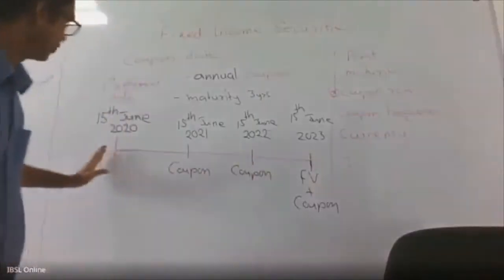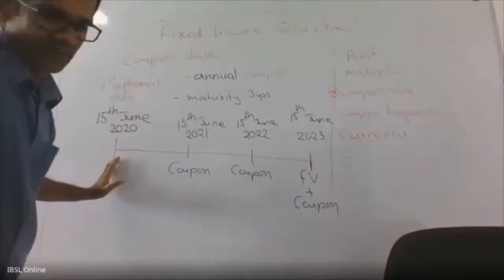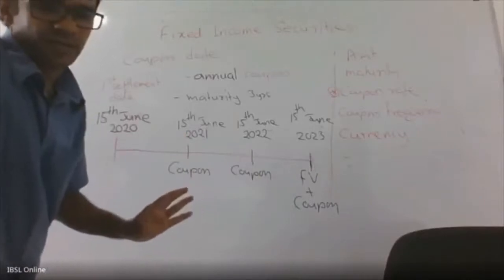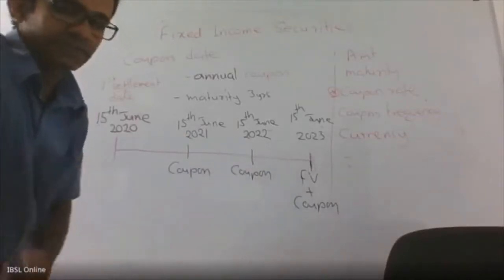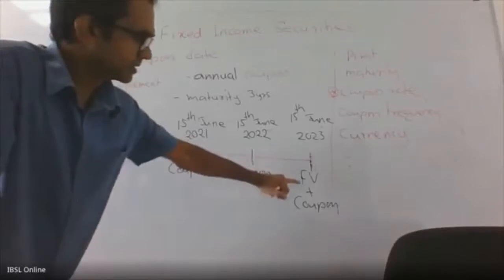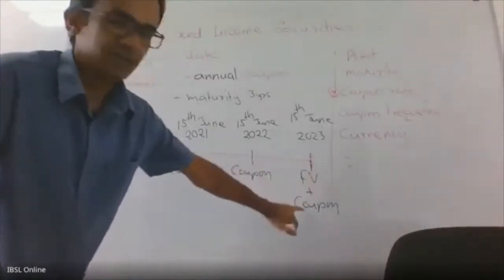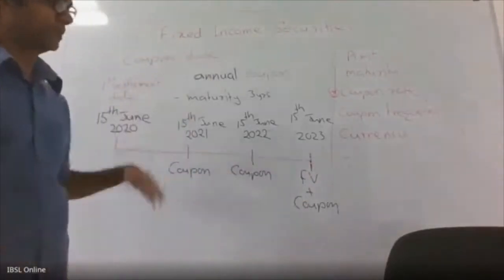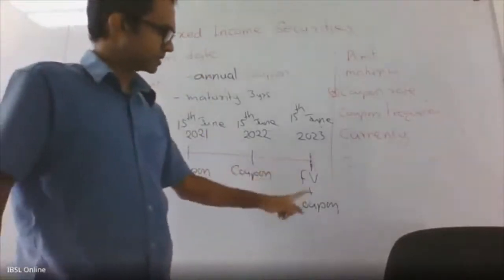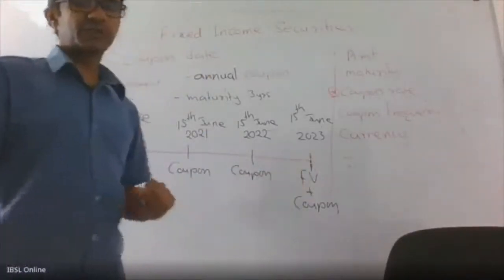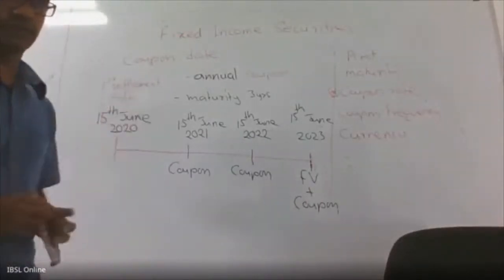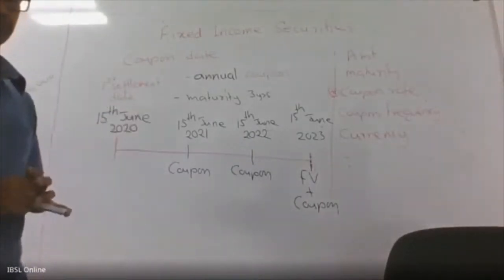At the maturity date, you get the face value plus the coupon. Then the final settlement value should be all together. Yes, you get face value plus the coupon for the last 1-year period if it is an annual coupon. If it is a semi-annual coupon, face value plus the coupon for the last 6-month period. That would be the final settlement value. Clear?